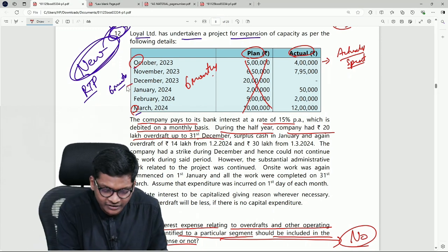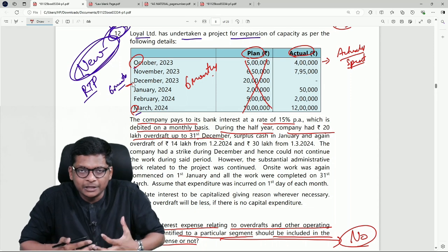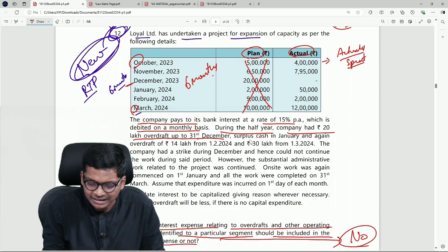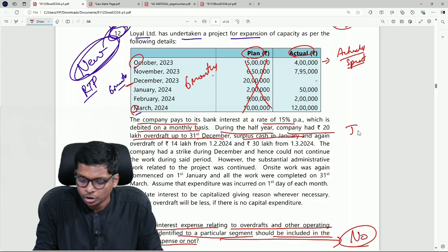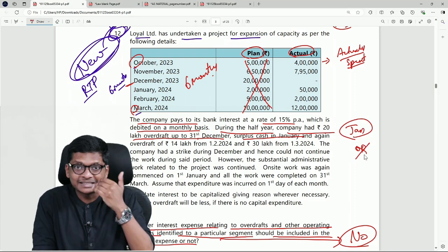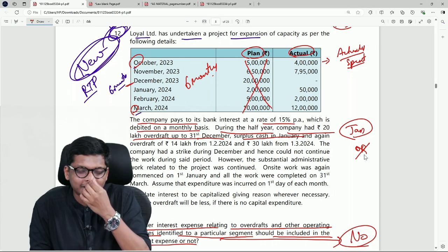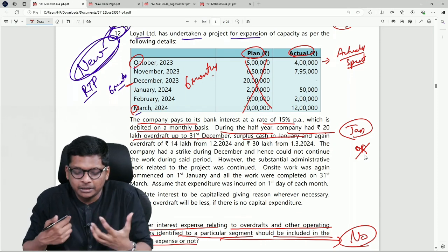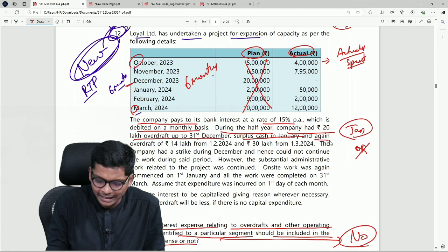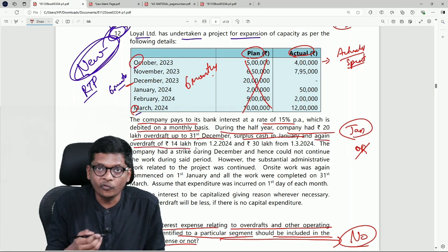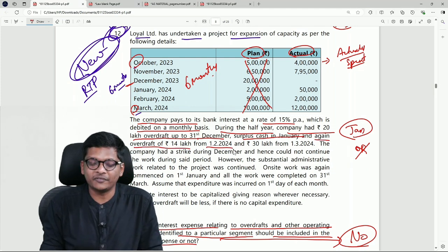So up to 31st of December, they had the ability to borrow up to 20 lakhs. Surplus cash in Jan. That means in the month of Jan, we did not have OD. OD is repaid, so in the month of Jan there is no need to pay interest. And again, overdraft of 14 lakhs from 1st Feb.